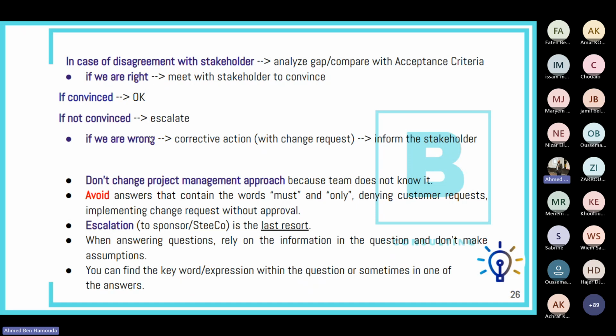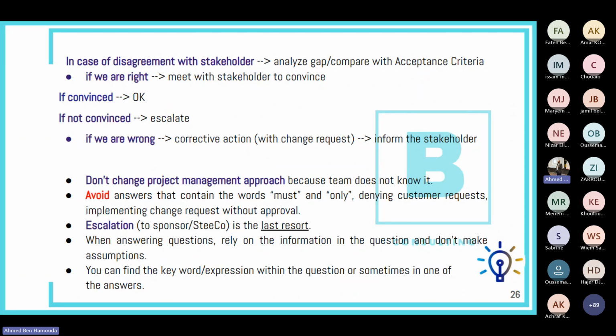Another tip, which is never change the project management approach just because the team doesn't know it. For example, if the team is used to working in the predictive environment for years and years, and then the company decided to use the agile approach, or you decide to use adaptive project management for your project, but the team is worried because they've never used adaptive before, so they're reluctant to use it.